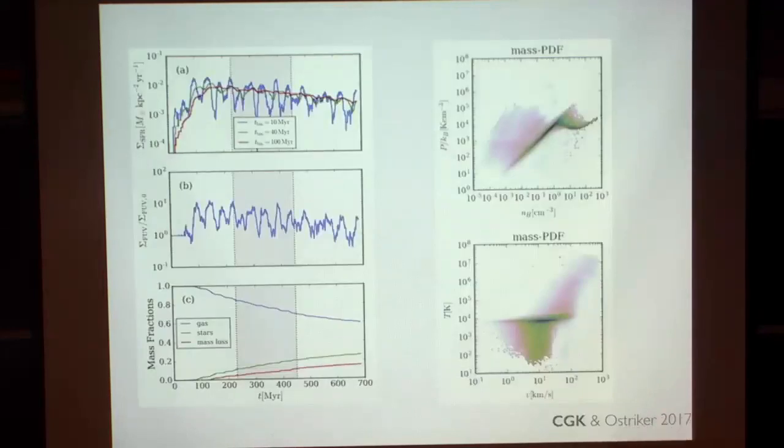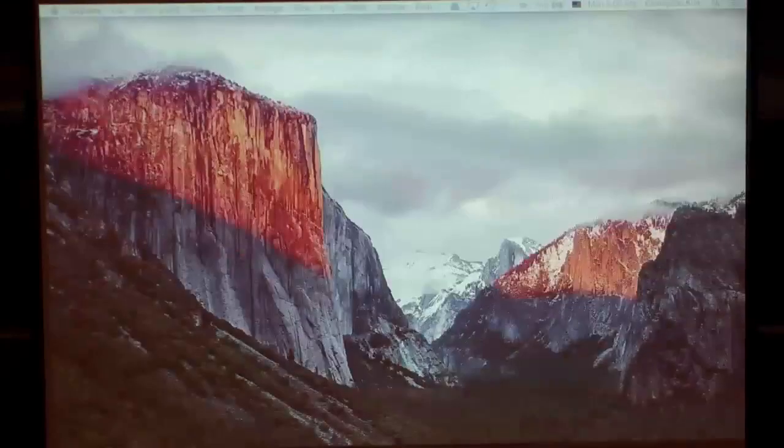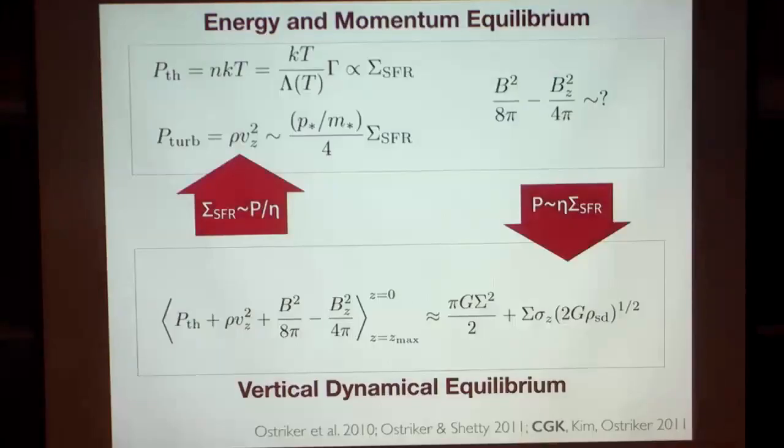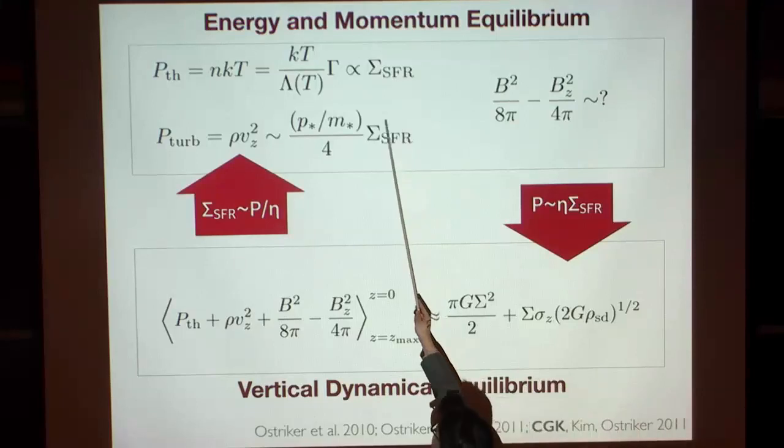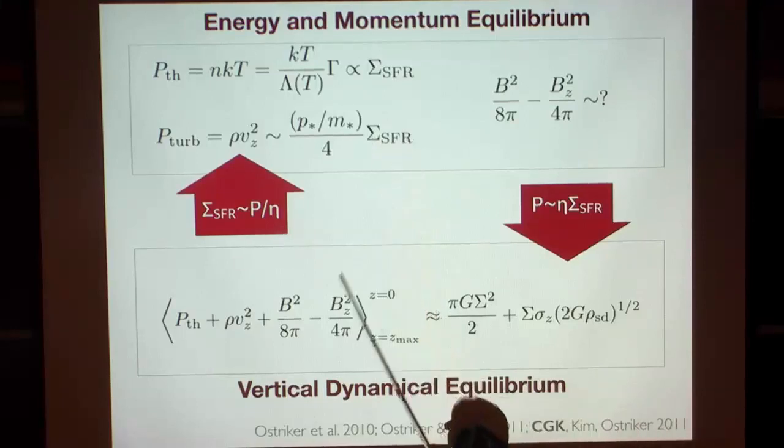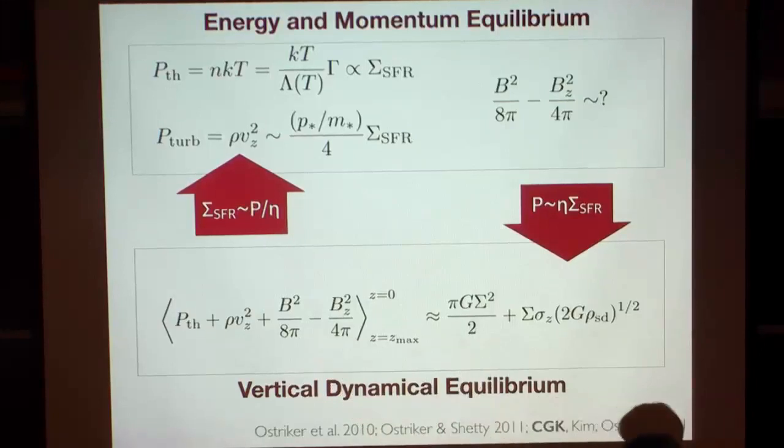So let me go through some equations. What I mean by this self-regulation is that this star formation rate gives this pressure, and this pressure is related to this.